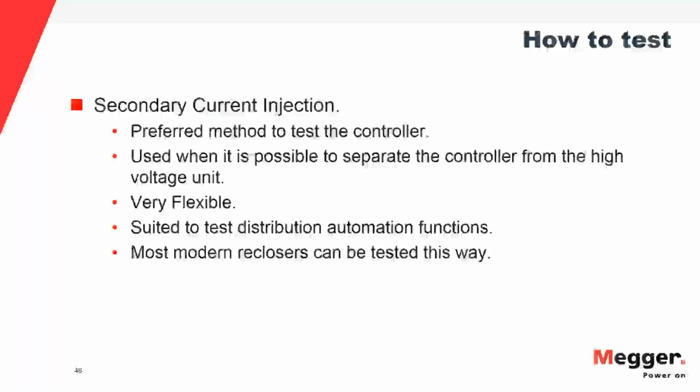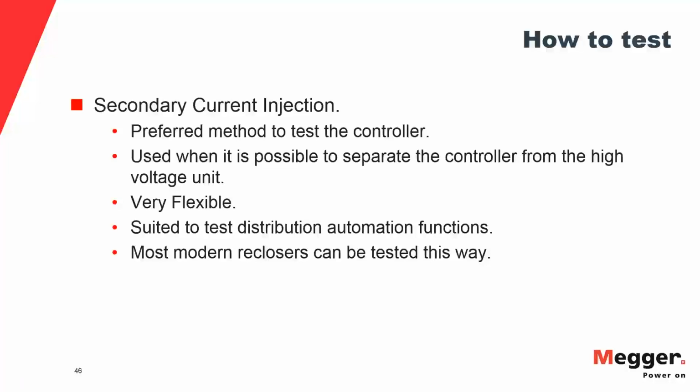Now, secondary current injection is the preferred method, in my opinion, to test the controller. You can use it when it is possible to separate the controller from the high voltage unit, which is something that more and more reclosers today allow you to do. It's very flexible because you can be as creative as you want with the test plans.